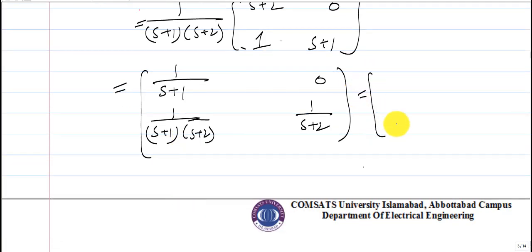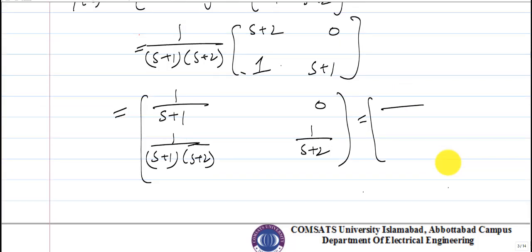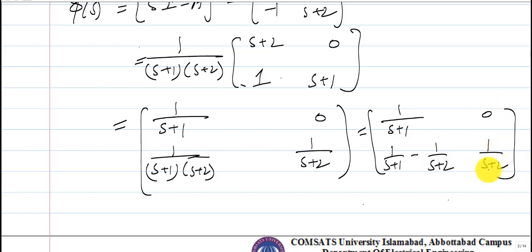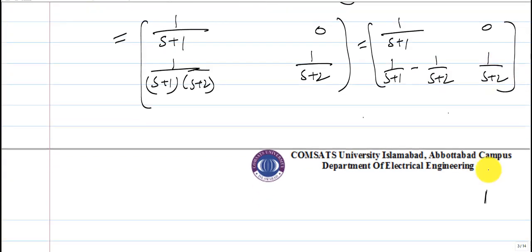So after applying the partial fraction, what we will get is 1 over s plus 1, 0. This will be 1 over s plus 1 minus 1 over s plus 2, and this is 1 over s plus 2.